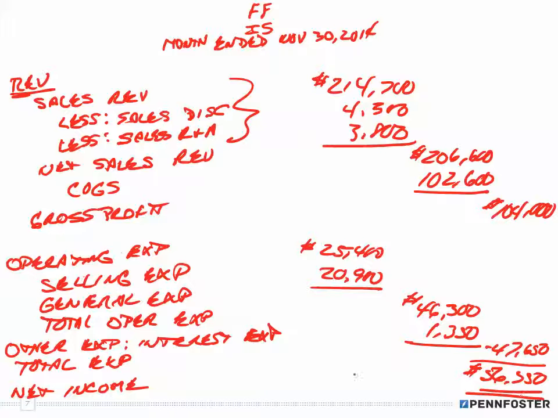Right, so I hope you got that. Basically, remember, everything is just an expansion here. I'm expanding my revenue section. I'm expanding my expense section in that I'm going to break it out as they're calling it operating expense. You might even see it as selling and administration expense. But generally, you'll have two sections there.